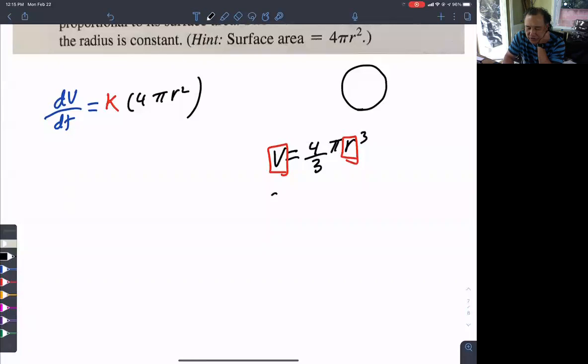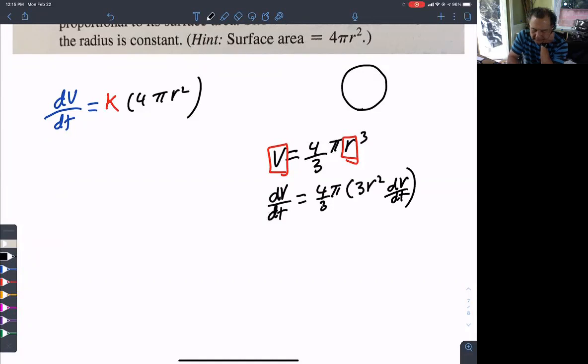Well, by definition, derivative of V is dV dt. 4/3 pi, those are constants. What's the derivative of box cubed? It's going to be 3 box squared times the derivative of box. But the derivative of box is just dr dt. These 3's cancel.